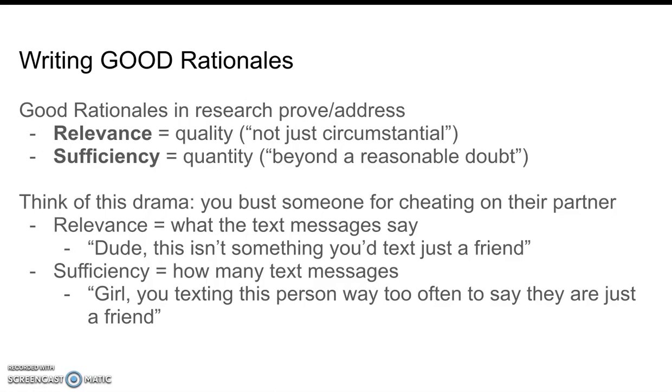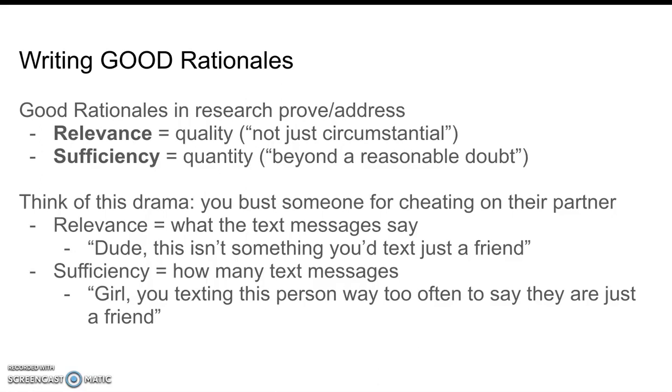There's some quality about it that makes you say, of course, that makes sense, because it possesses that quality. This is kind of opposite to sufficiency, which is about quantity. It would be beyond a reasonable doubt, like the number of this item or the amount is so high or strong that you have to believe it in a way.